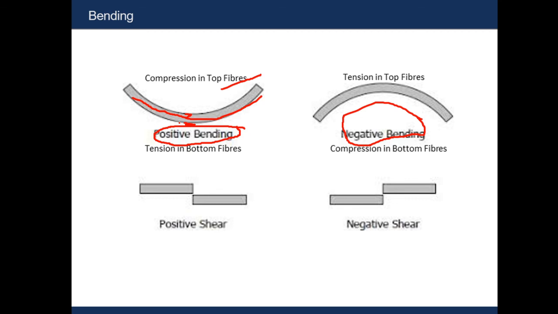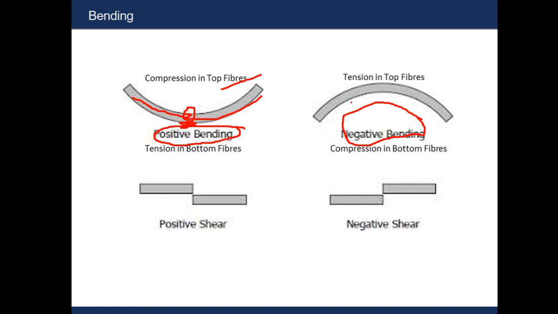We will surely apply reinforcement in the bottom fiber, as for positive bending, tension develops in the bottom fiber, and in order to carry this tension we need to provide reinforcement here. For the upper fiber or the top fiber, we generally don't provide reinforcement. For this top fiber, compression develops and the concrete is enough to carry this compression.